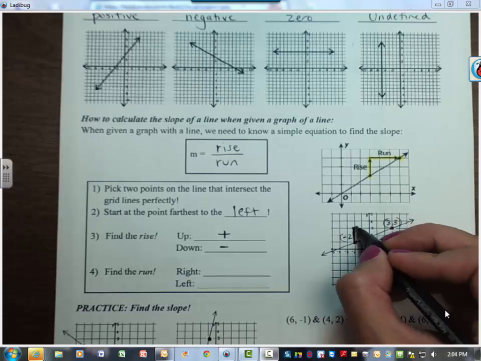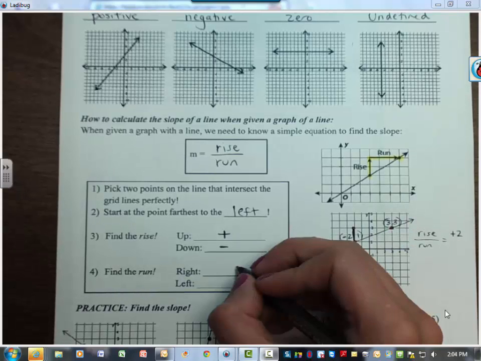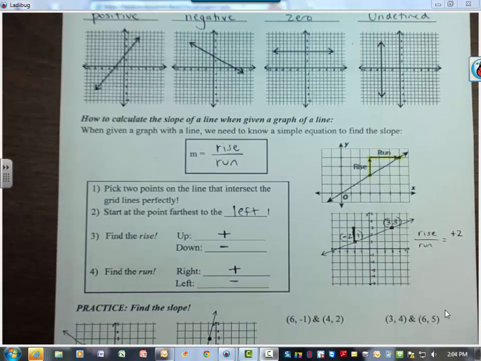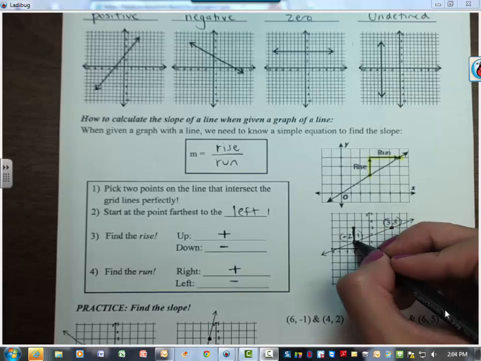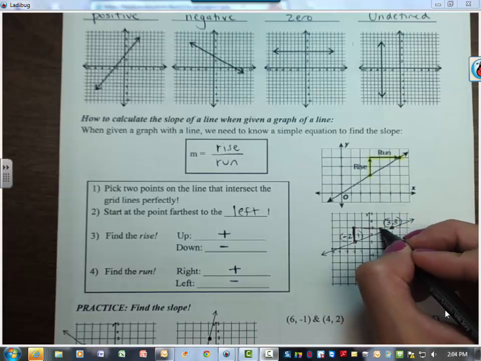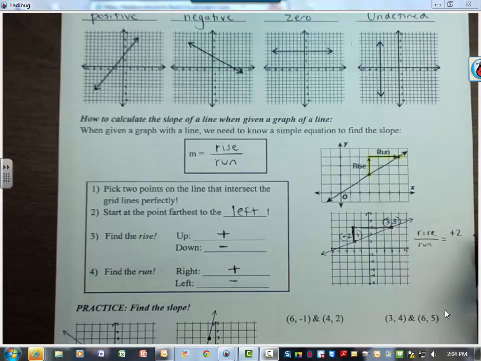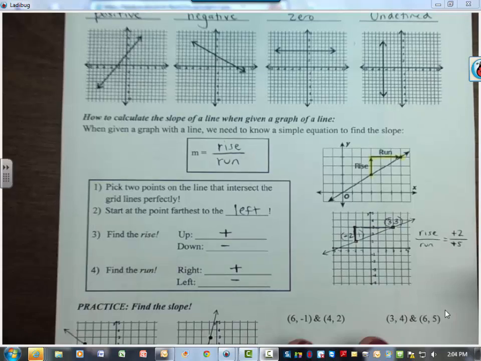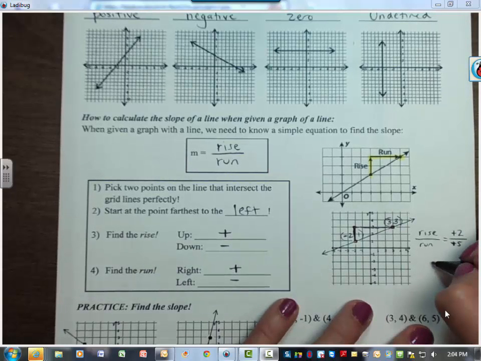So I'm going to the right, which means I'm going positive numbers. If it was to the left, it would be negative. So from this point, I already went up 2, and I'm going over 1 unit, 2 units, 3 units, 4 units, 5 units. So that means that the run is plus 5. Now I want to keep it in our fraction form for our slope. So my slope is going to be 2/5.